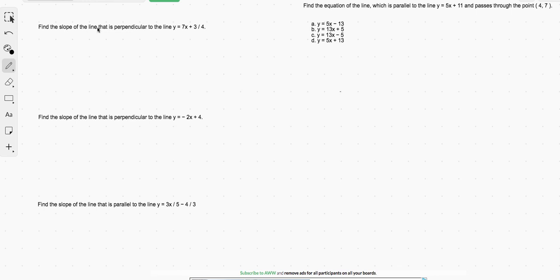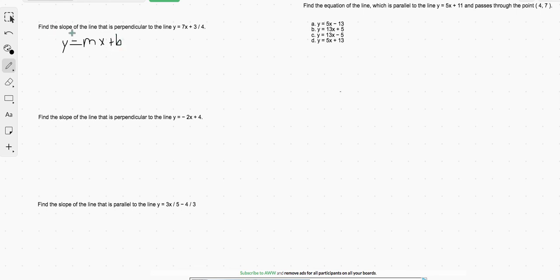Find the slope of the line that is perpendicular to the line y equals 7x plus 3 over 4. So the formula we're using is slope intercept form, y equals mx plus b.